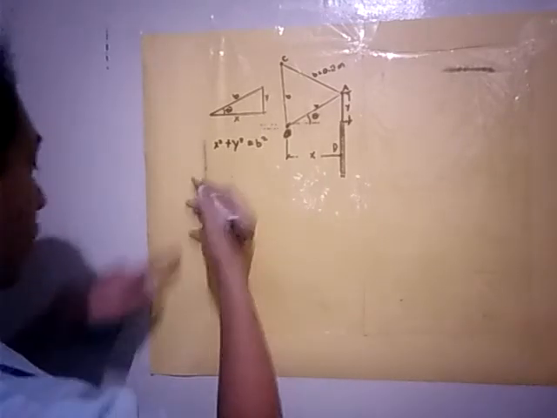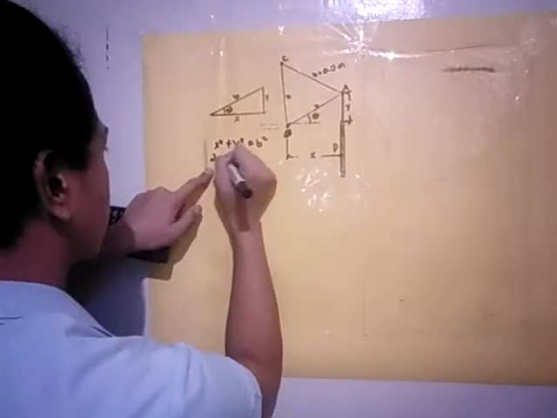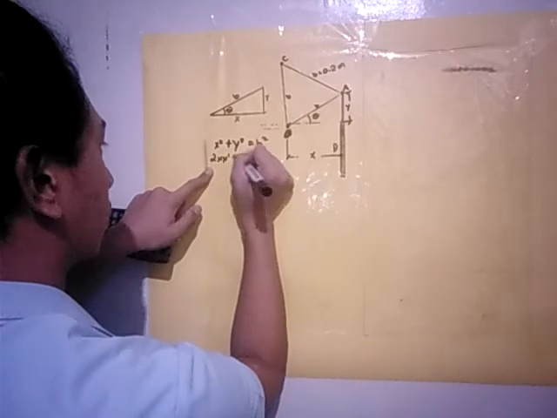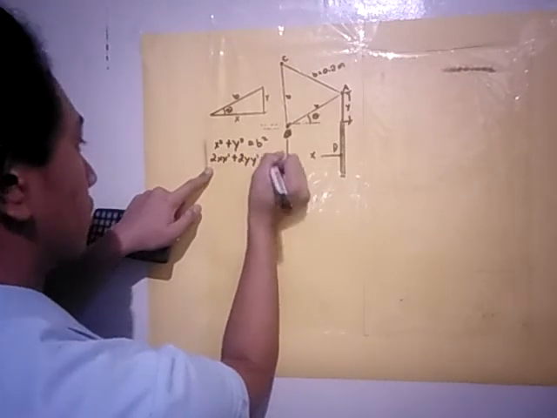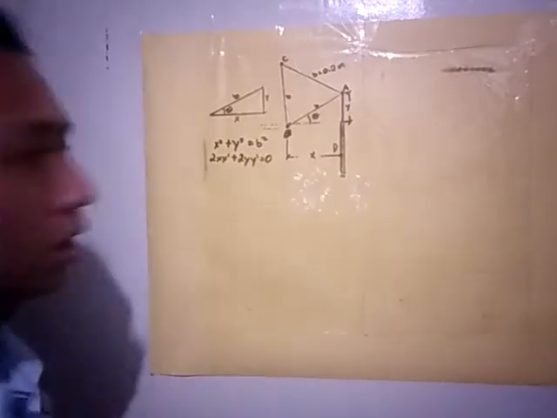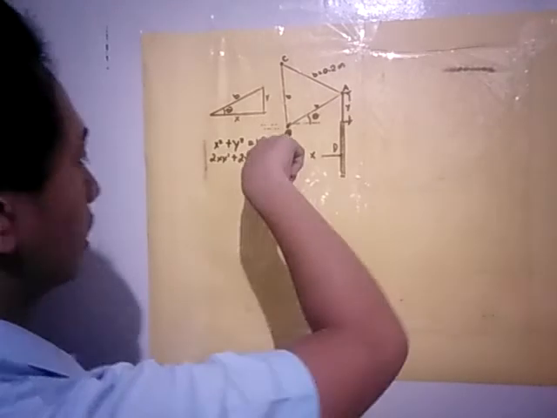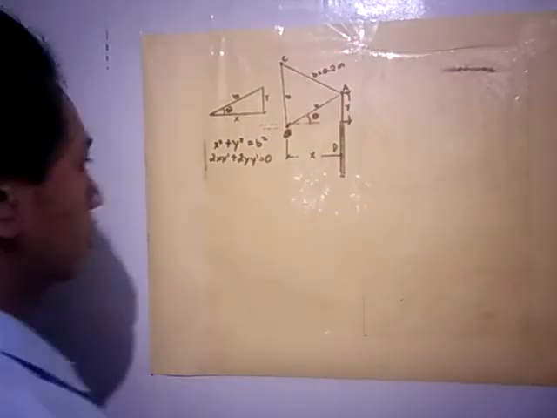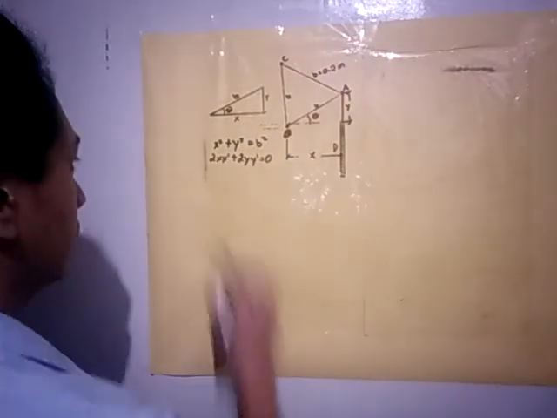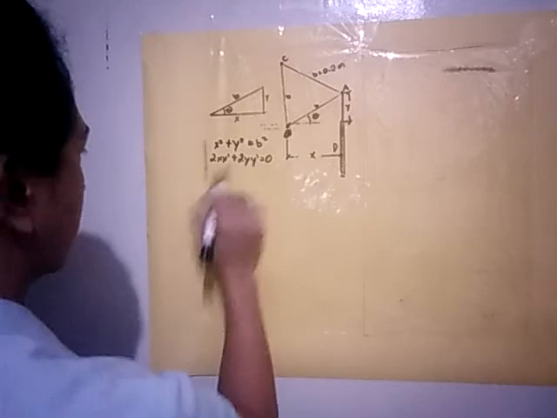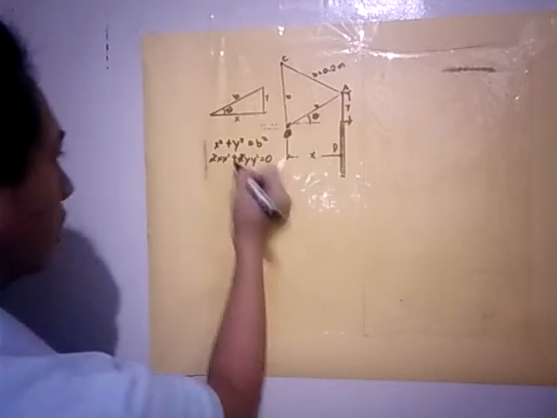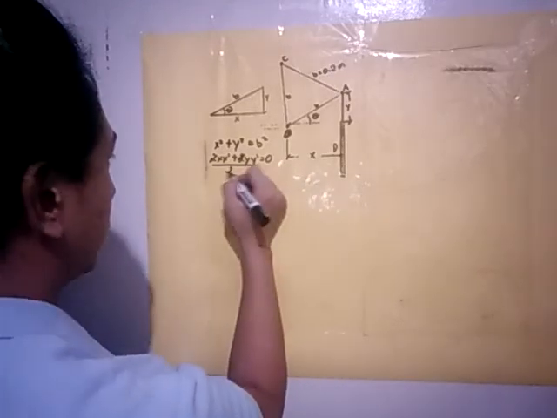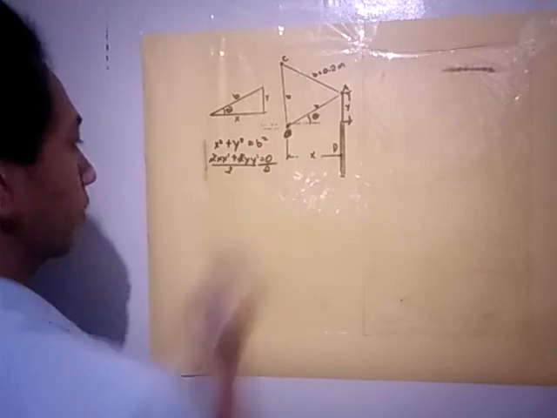So first I differentiate it. 2x x prime plus 2y y prime is equal to 0. As I said earlier, the derivative of a constant is 0. I have two 2's here, so I cancel them by dividing both sides by 2, and the right side remains 0.